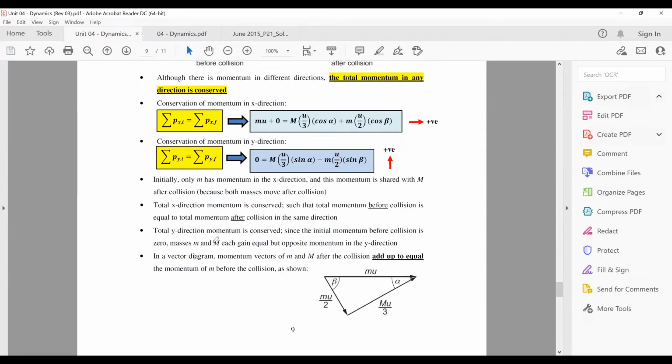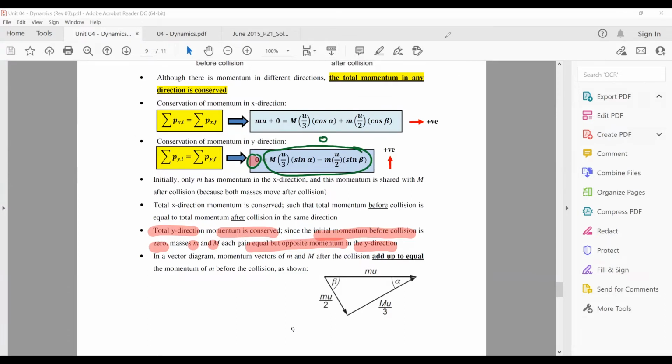There's this statement here. Total y direction momentum is conserved since initial momentum before collision is 0. Masses small m and big M each gain equal but opposite momentum in the y direction. Because this one is 0, by right after collision this must also be 0.